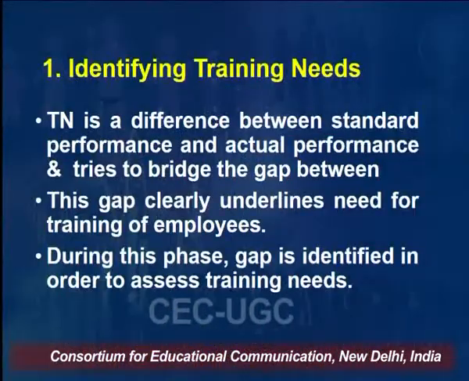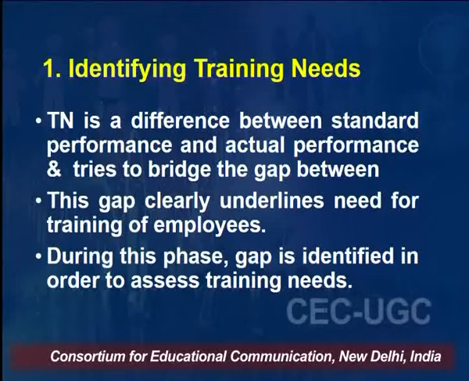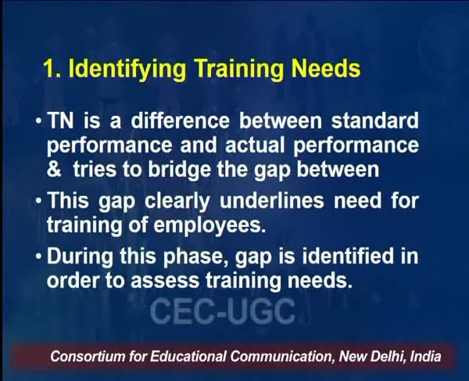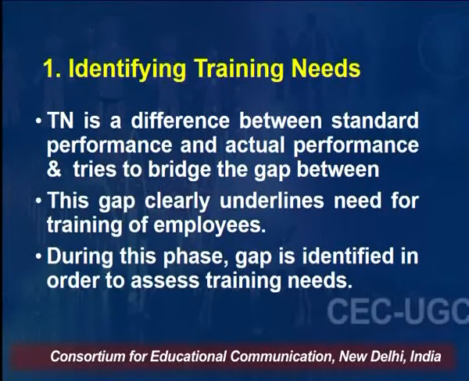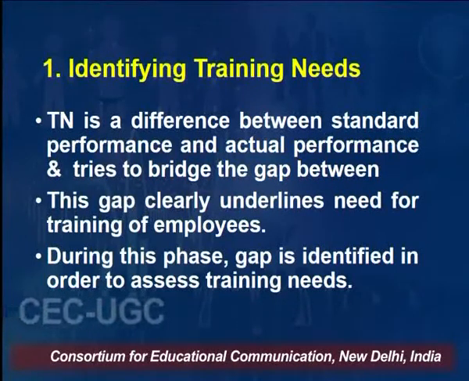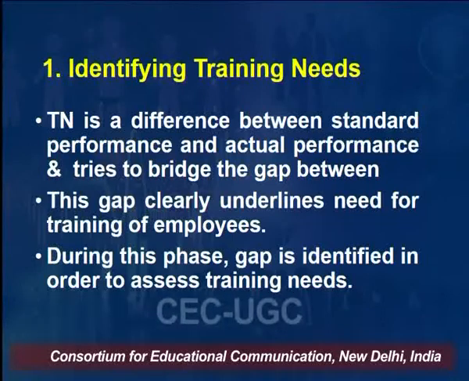This means whether the employee needs training or not. Training need basically is a difference between the standard performance and actual performance. If your actual performance is lower than what the standard performance should be, then you definitely need training.